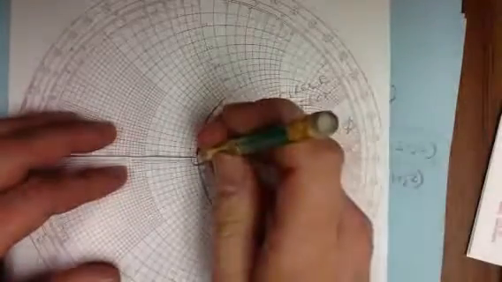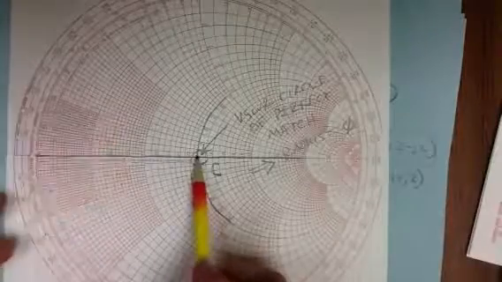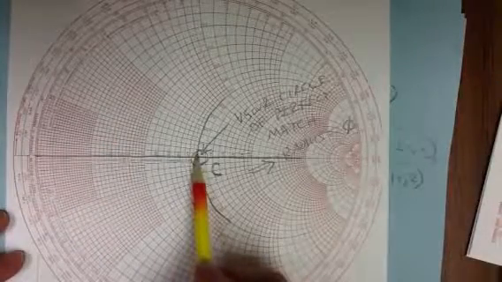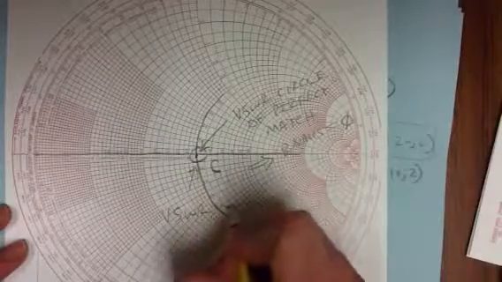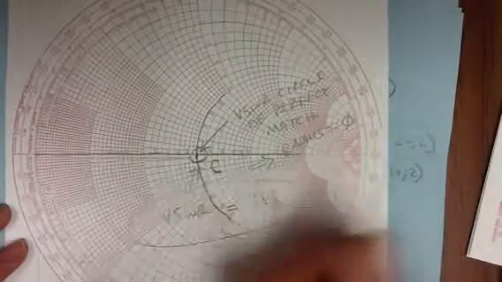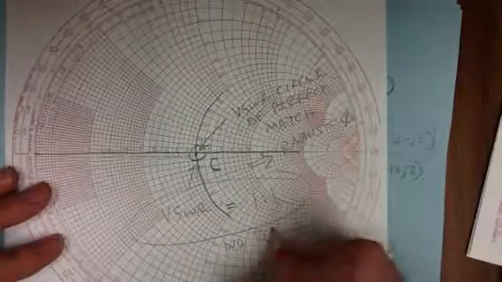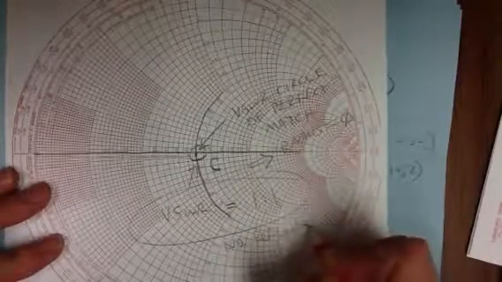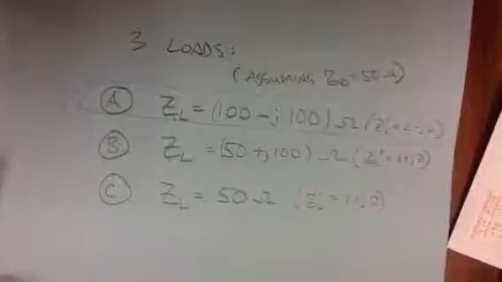So my circle is actually a point. I just go like that. So if I look at my circle, where the circle crosses here, VSWR is equal to 1, which is the VSWR of a perfect impedance match with no reflected power. And that's how you find VSWR on a Smith chart.